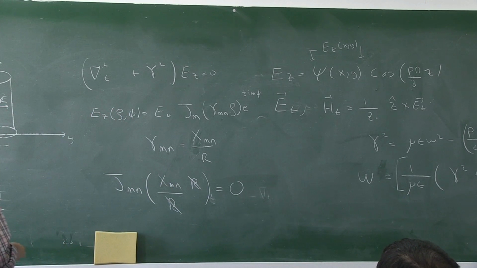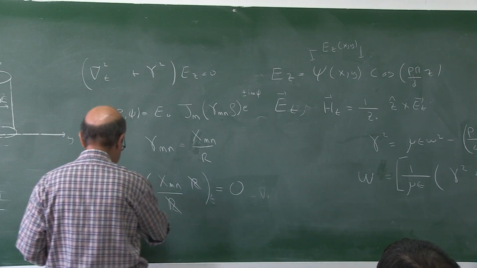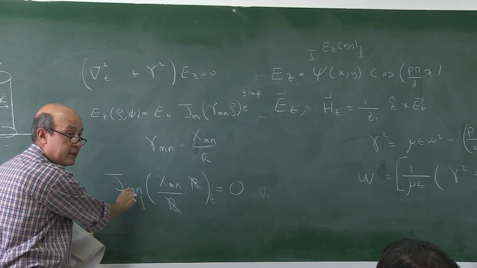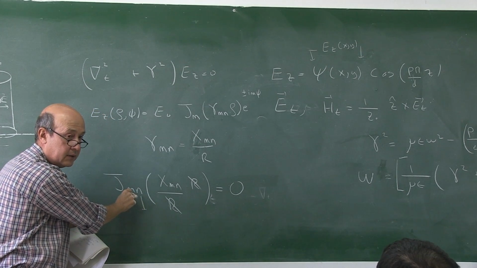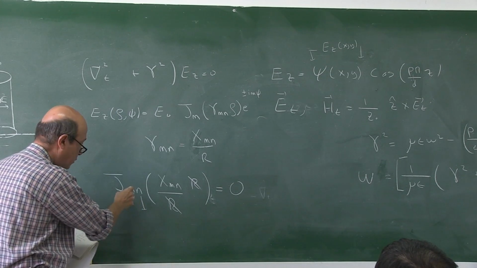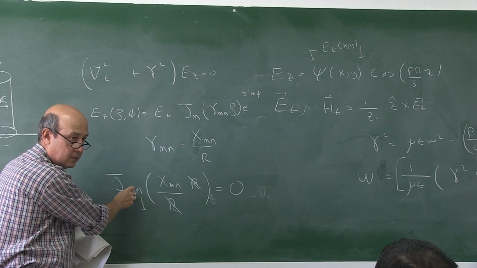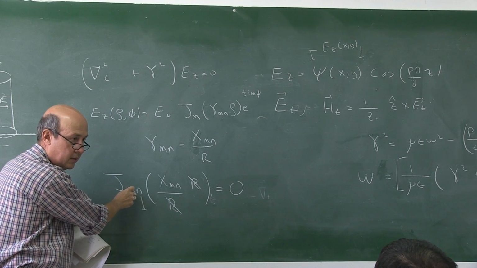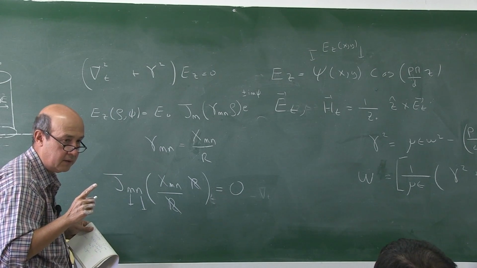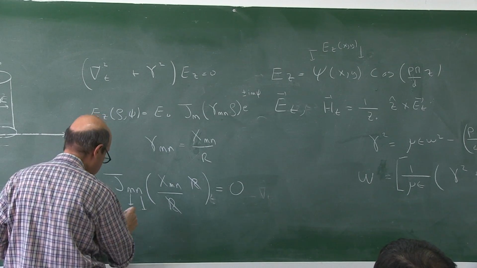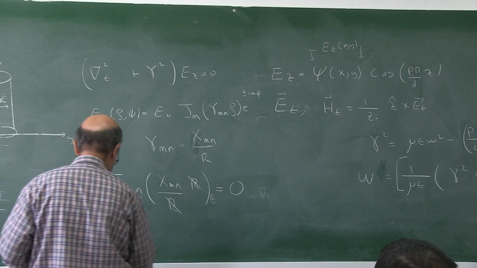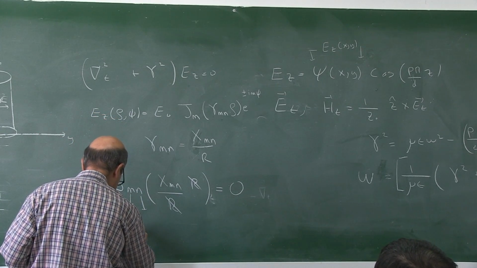So the Bessel functions have what? What is m in the Bessel functions? We have two options, order and root. Is it order or root? Order. What are the Bessel function orders? Do they start from 0 or 1? 0. So these are 0, that could be 1, 2.